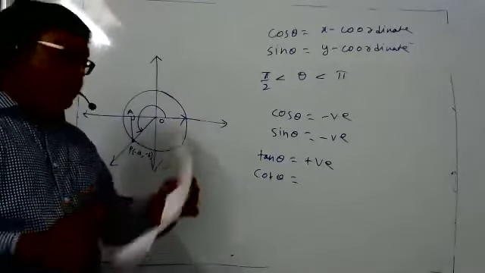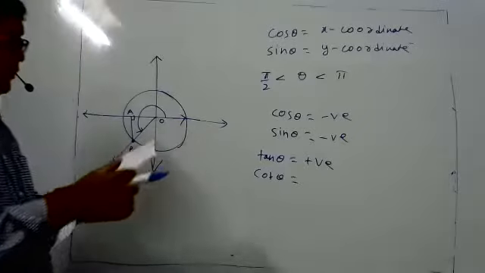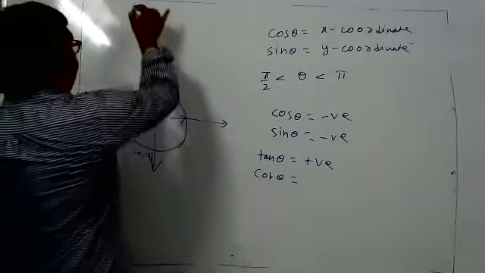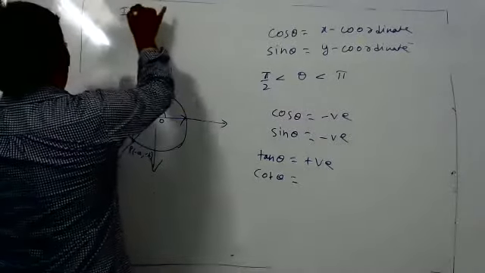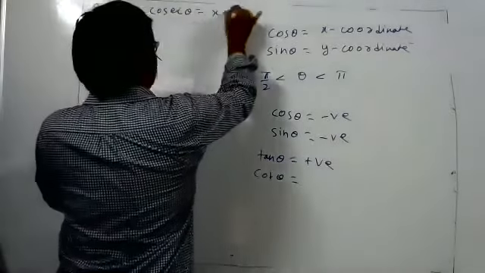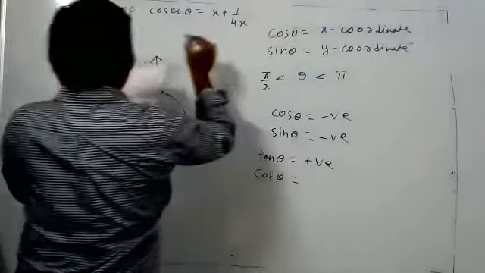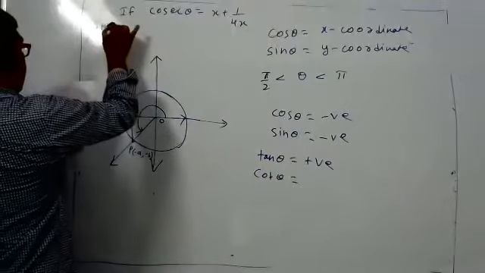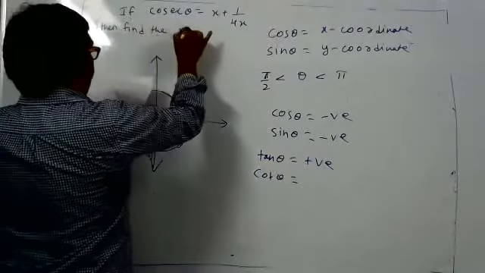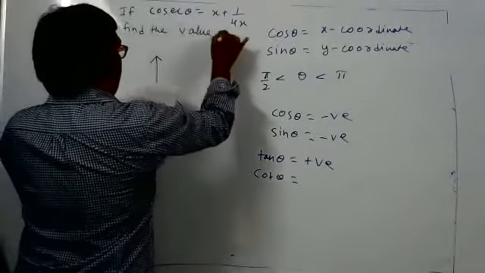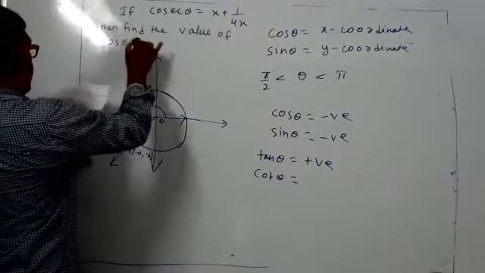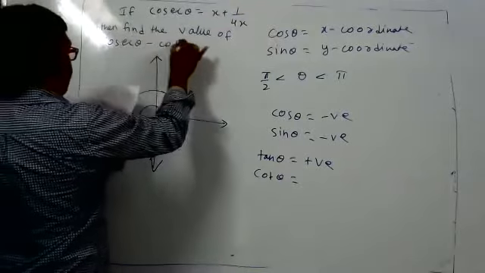I will give one homework sum, then I will dismiss the class. Write this down. If cosecant theta is equal to x plus 1 by 4x, then find the value of cosecant theta minus cot theta.